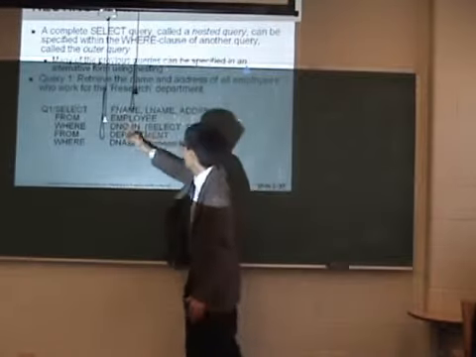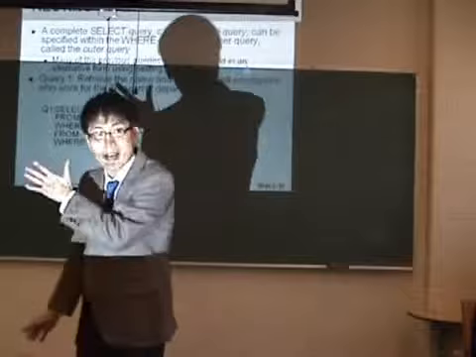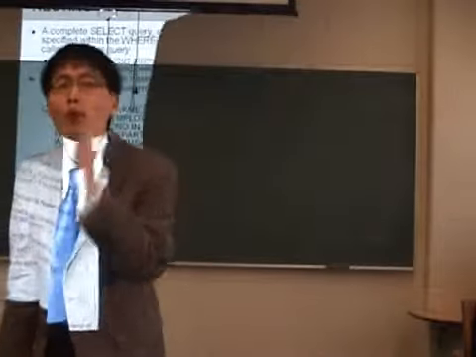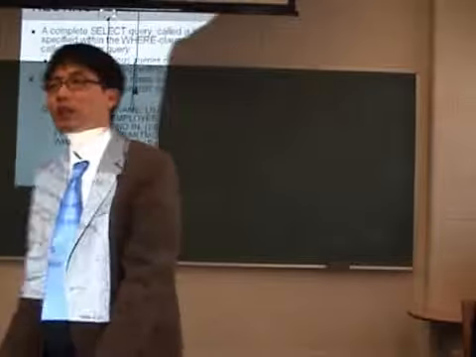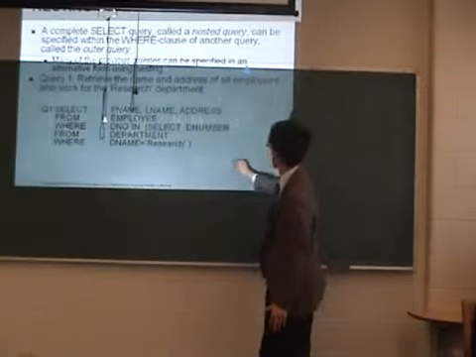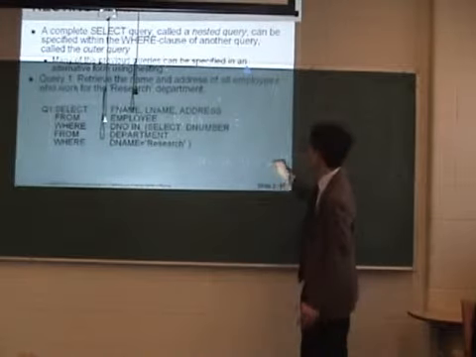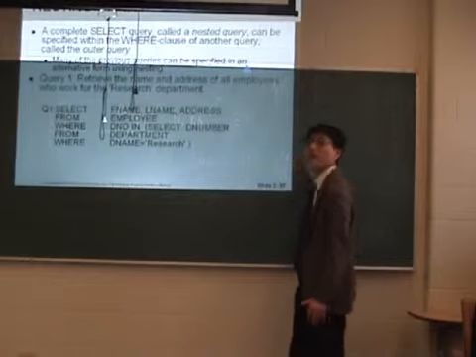Then DNO in, we will see it a couple of slides later. IN is an operation for sets, which means DNO in 1, 2, 3, something like that, or one of these will be yes.